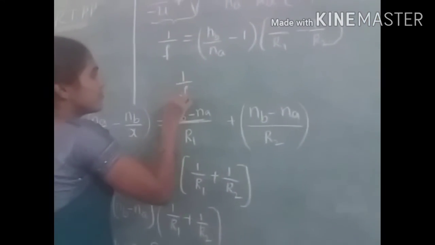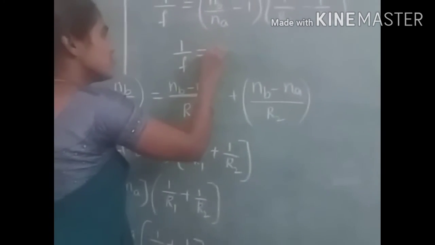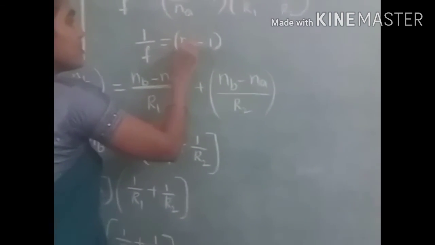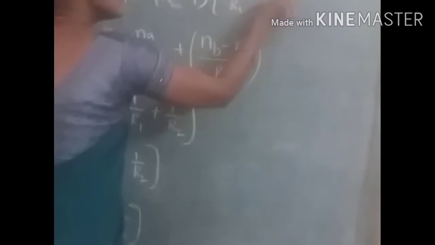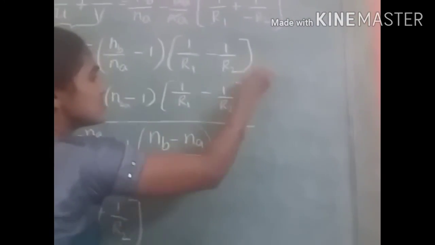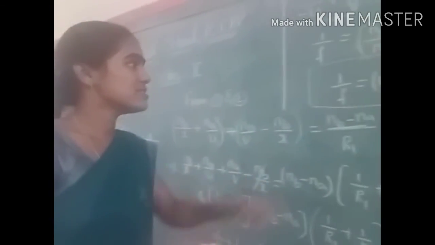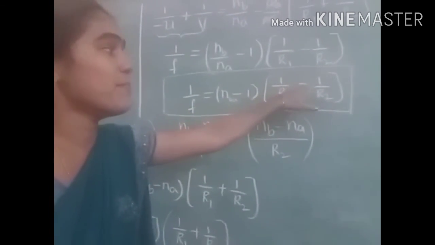Therefore 1 by F is equal to the refractive index of the second medium by the refractive index of the first medium, we write as relative refractive index, that is NBA, of 1 by R1 minus 1 by R2. This is the derivation for the lens maker's formula. 1 by F is equal to N minus 1 of 1 by R1 minus 1 by R2. This is the lens maker's formula.